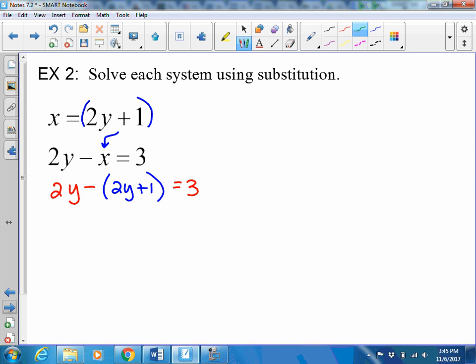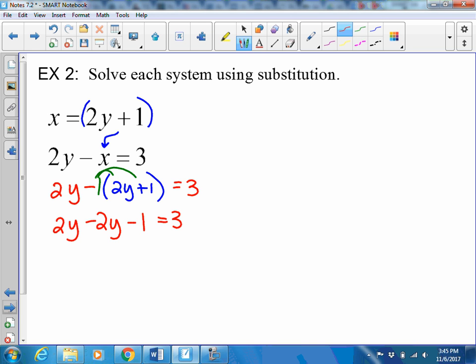So remember, there is a 1 in front of this, and this time it's a negative 1. So I am going to have to distribute that negative 1 into my parentheses. So I am going to start with 2y, and then distribute. So negative 1 times 2y makes it a negative 2y. Negative 1 times 1 makes it a negative 1.